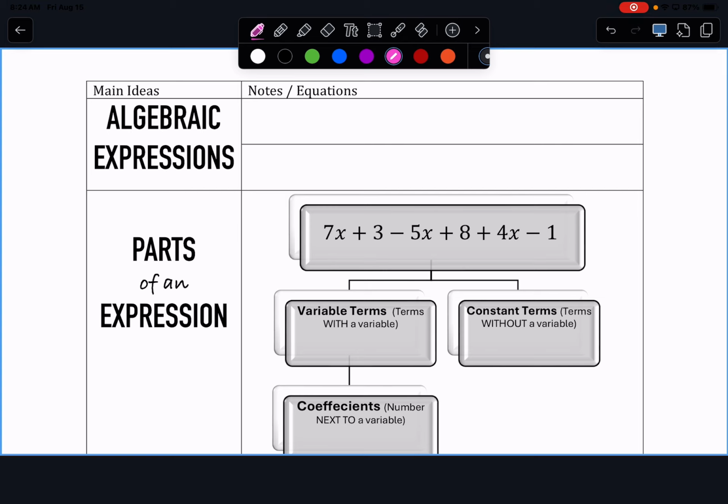We're not going to throw in the equal sign until Monday. So an algebraic expression is a mathematical phrase made up of numbers and variables.